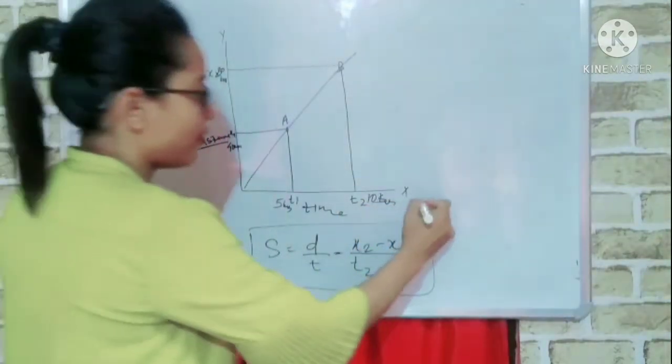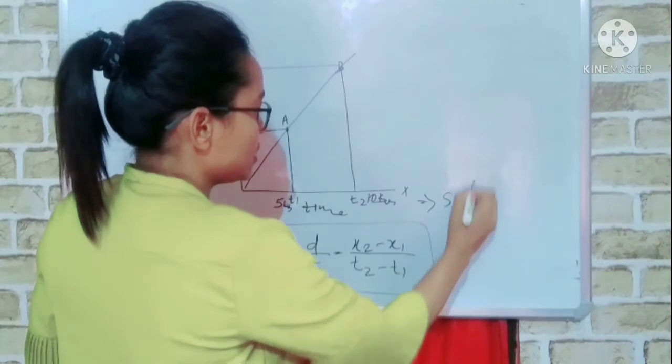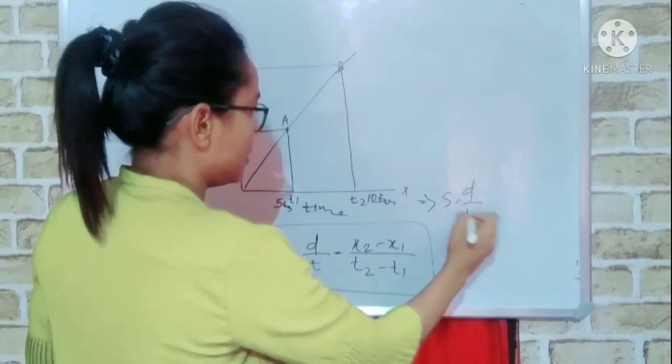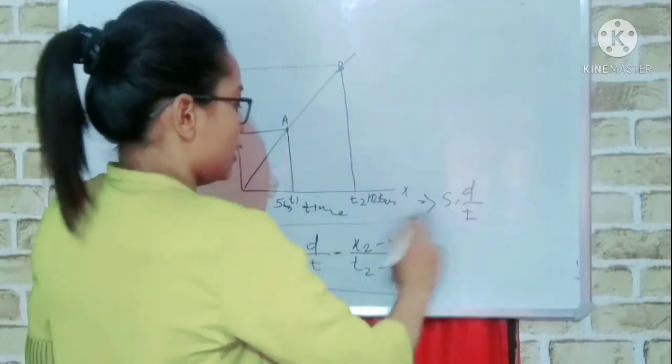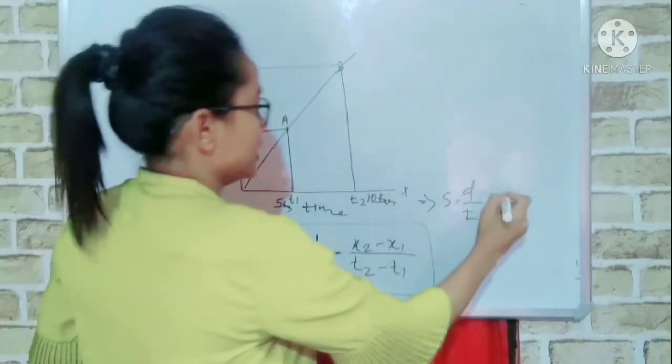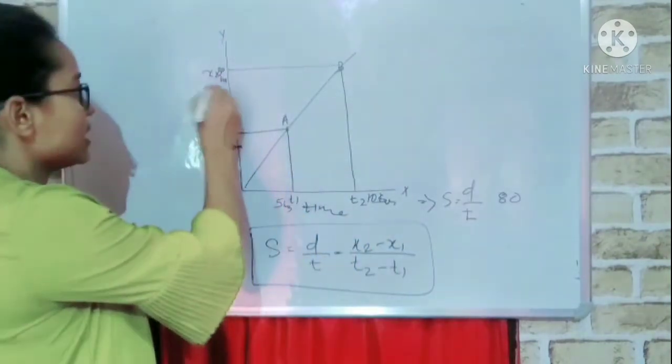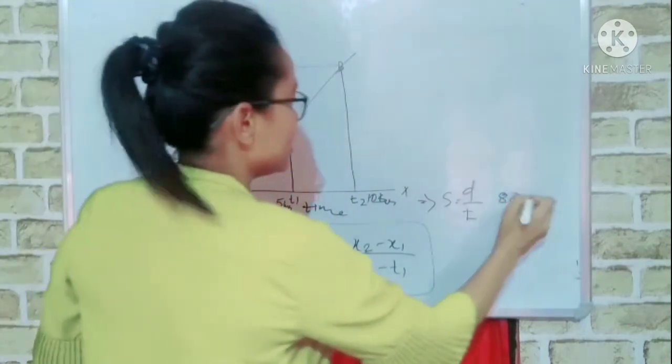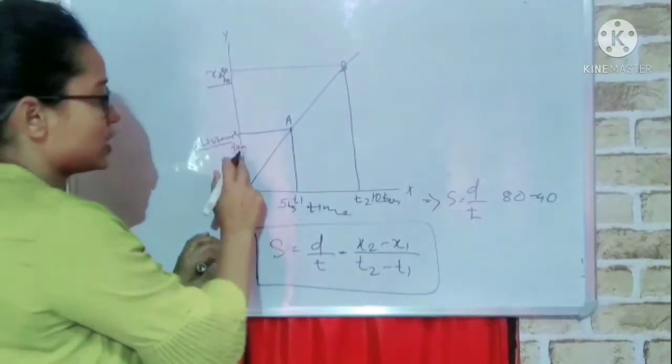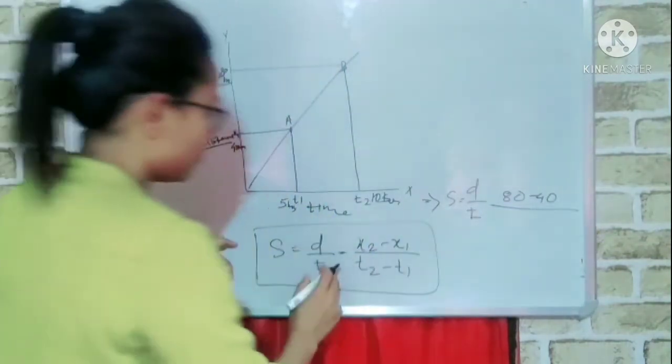Now how will I find the speed? Speed equals distance by time, right? Here the distance x2 is 80. 80 minus 40, as the distance x1 is 40 kilometers, divided by t2 minus t1.